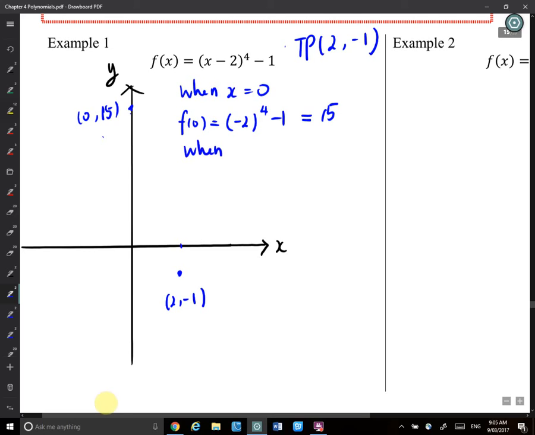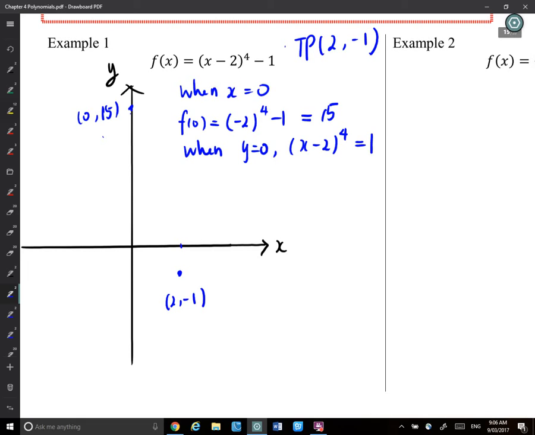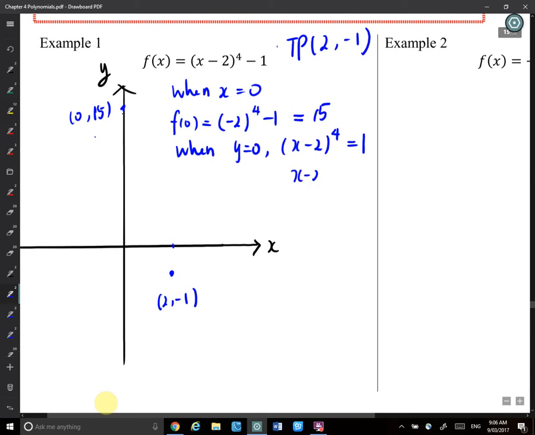And when y equals 0, (x minus 2) to the power 4 equals 1. Now you're going to take the even root, which is the same as the quadratic. You will have plus minus the fourth root. Then x minus 2 equals plus minus 1. Then x can be 3 or 1.